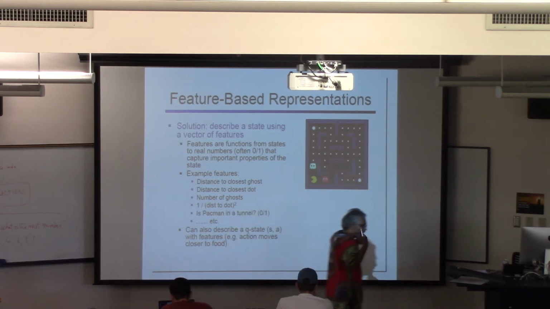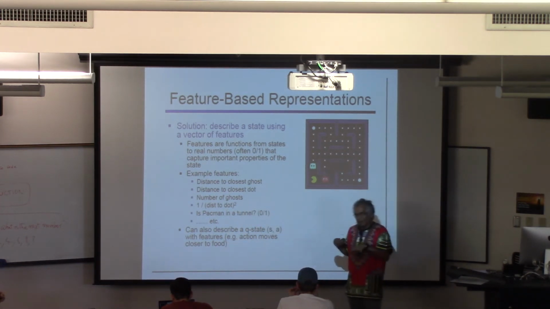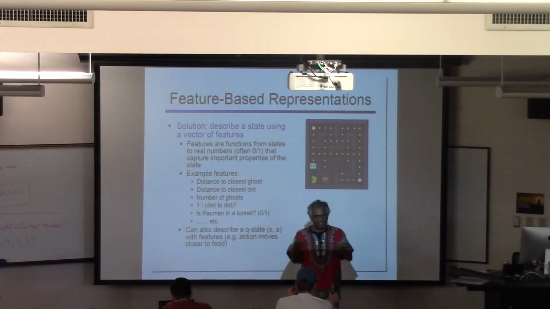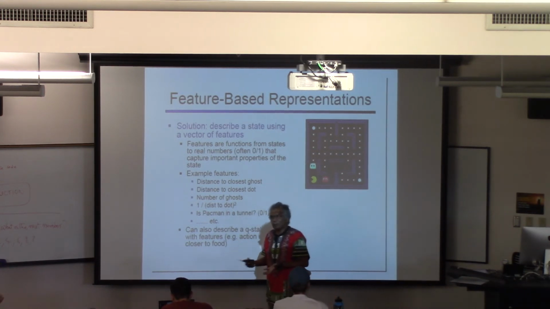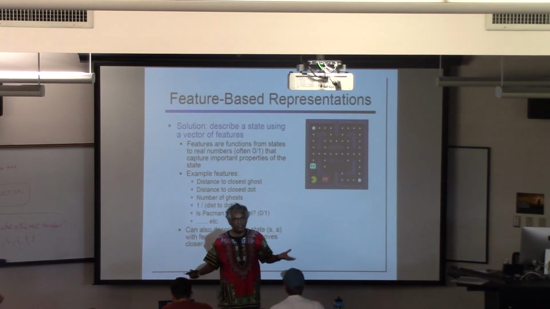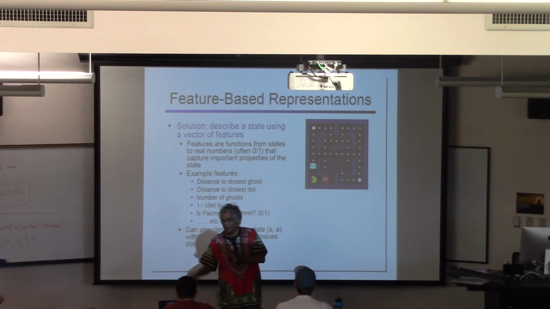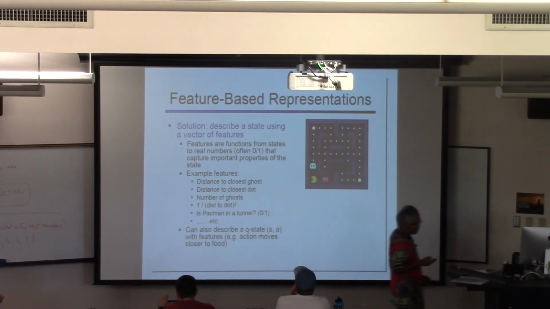Again, you guys understand much of this in the back of your head, but I'm trying to bring it up, saying that learning, in the sense of generalization, is not possible unless you have feature-based representations. Okay.